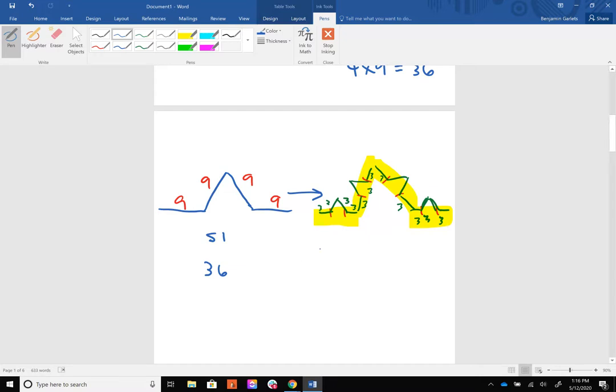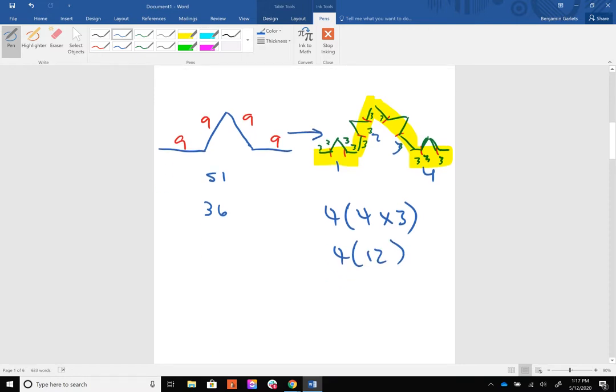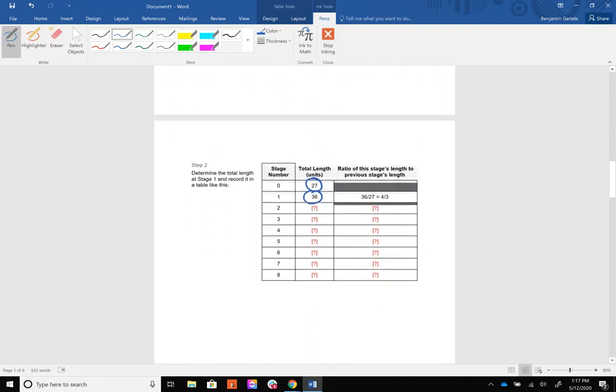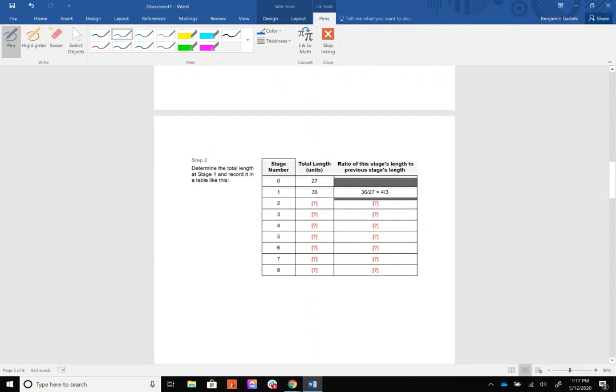So I've got 1, 2, 3, 4 groups of 4 3s. Okay, so if I do this math, I get 4 times 12, which means I'm getting 48 as my distance, my total length.